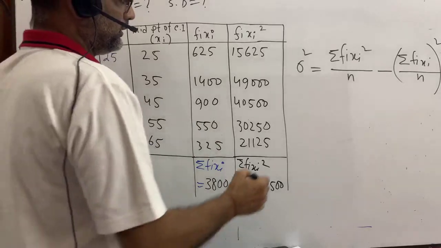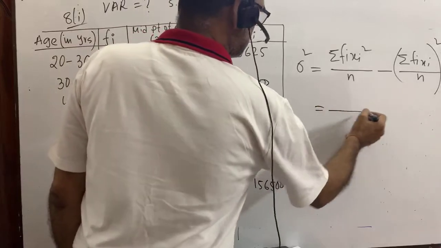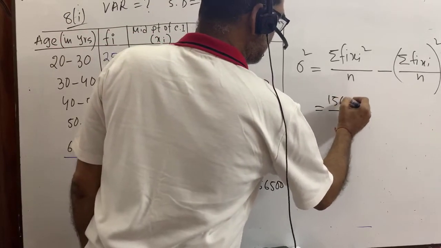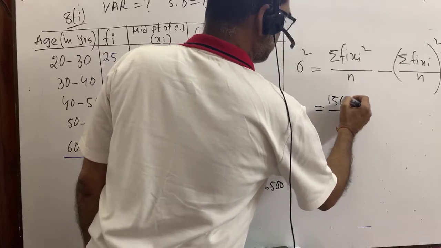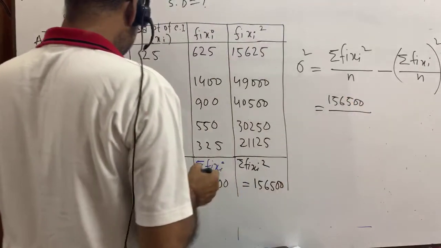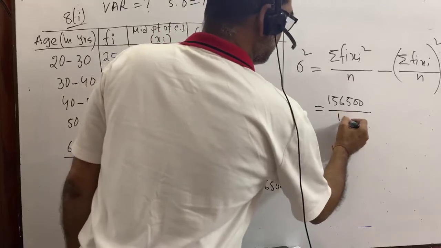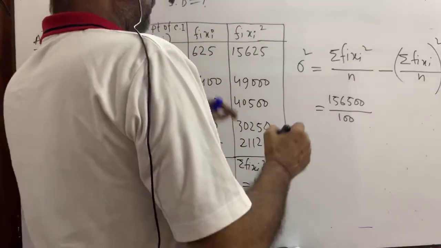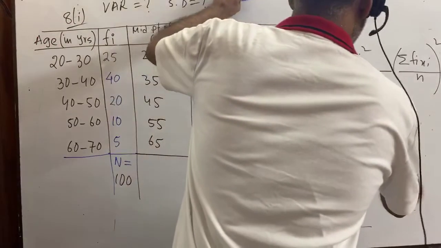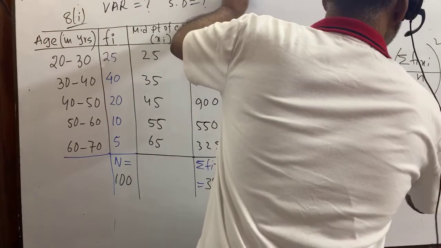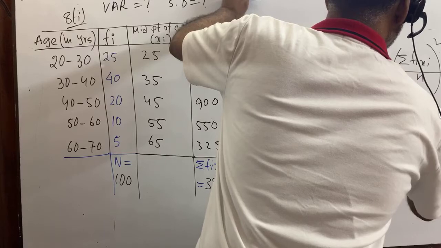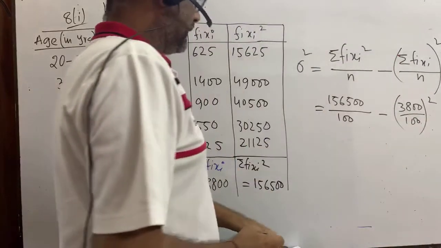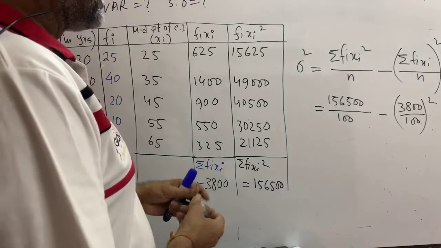So here we are going to put the values: 156,500 by n. What is n? N is here 100. Minus 3,800 by 100. Now you calculate, use the calculator.